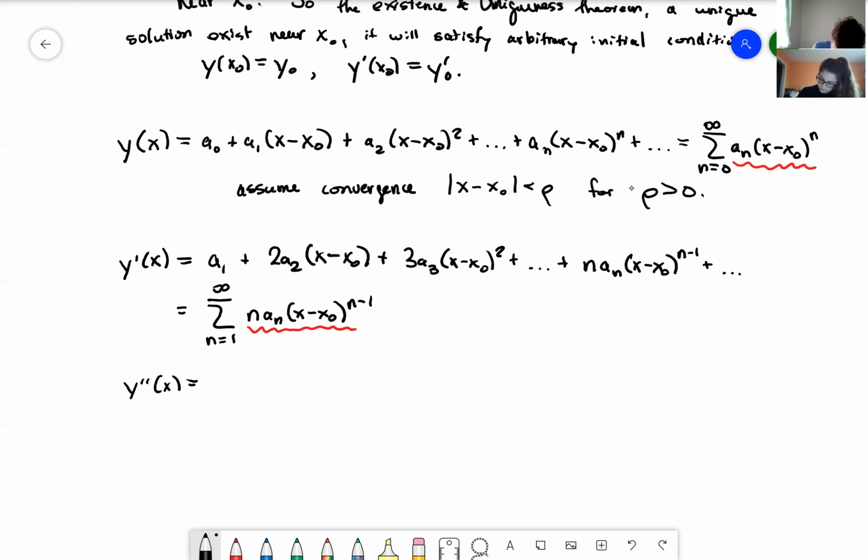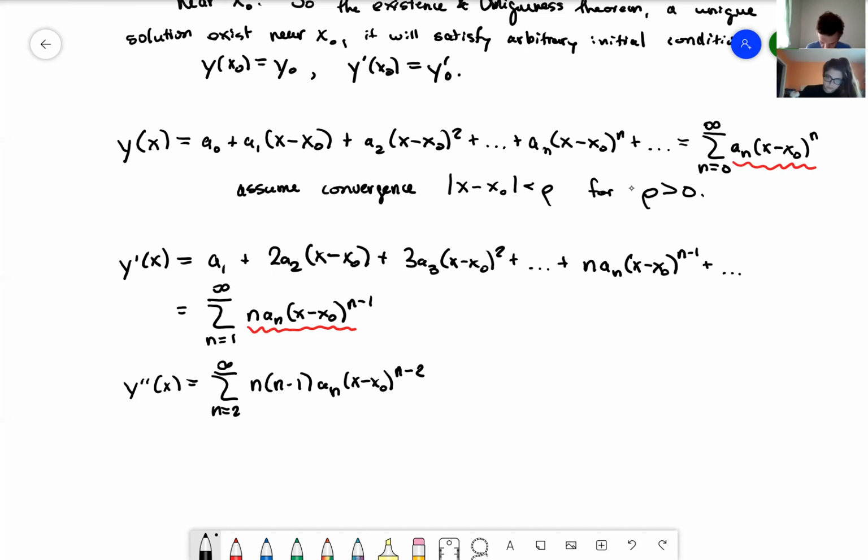Similarly, we will get the sum of n times n minus 1, a n (x minus x0) to the n minus 2. Another example of power series being very nice to deal with. But this time we start numbering from 2, and we don't need to go any further in differentiating this, even though we could, because for now we're just going to look at second order differential equations.